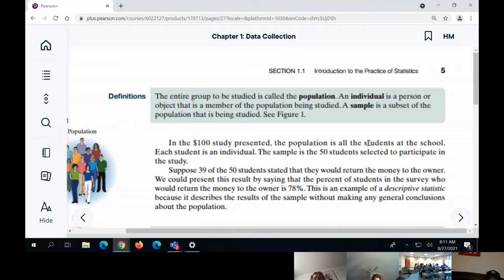If I do calculations with the population, they will be Greek letters. Like a formula or an equation with letters in it, they'll be Greek. Can somebody tell me what Greek letters represent? Parameters. Population, parameter, Greek letters.